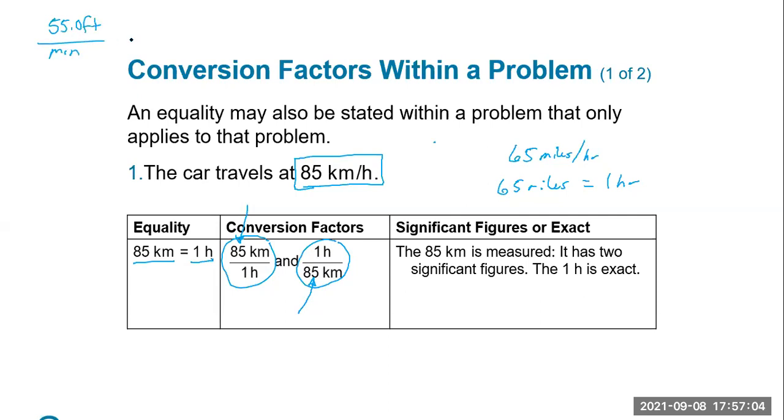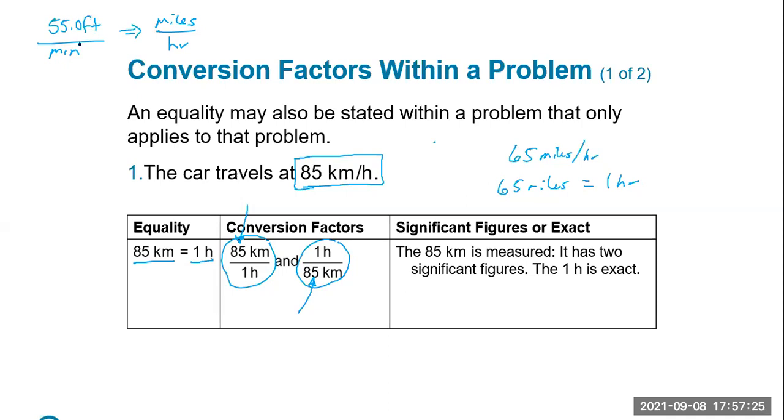I think we're going to see a problem later on where maybe you're walking 55 feet per minute, and you want to figure out how many miles per hour that is. Sometimes people get really confused when they try to do a problem like this. And the idea is where dimensional analysis can really help you out is to keep the units separated.